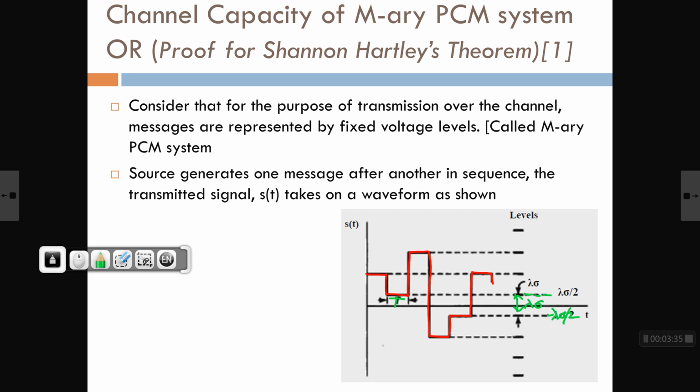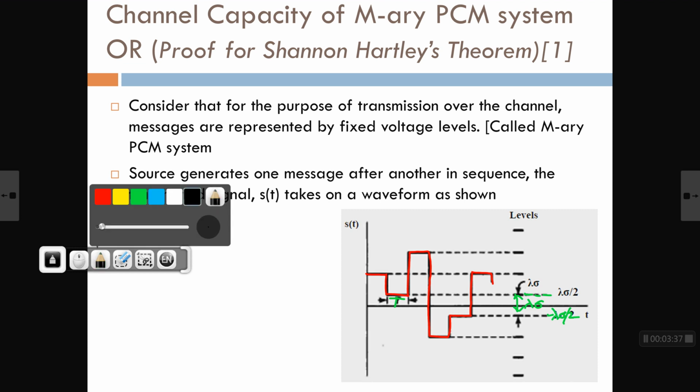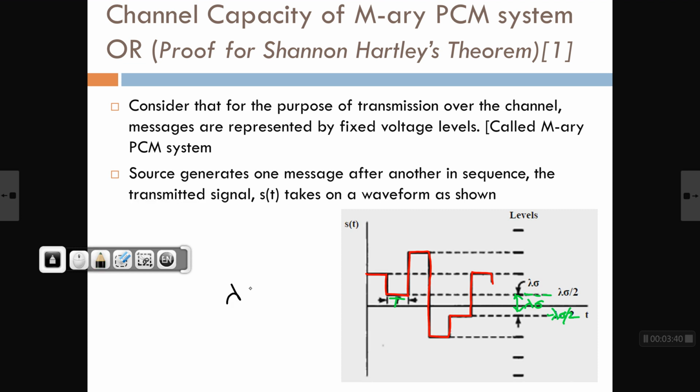So the next level above it would be λσ/2 plus λσ, that is 3λσ/2. The negative level will be minus 3λσ/2. Similarly the next level will be 5λσ/2, and here it will be minus 5λσ/2. So these are the different levels which we will be getting in this particular situation.